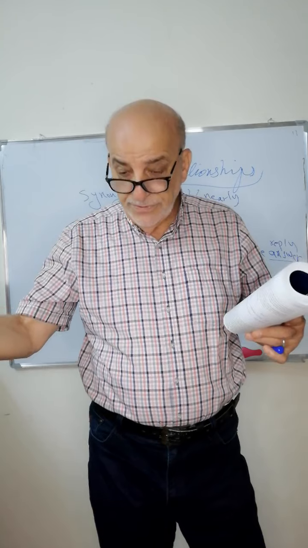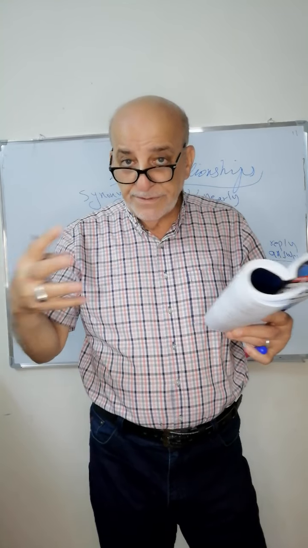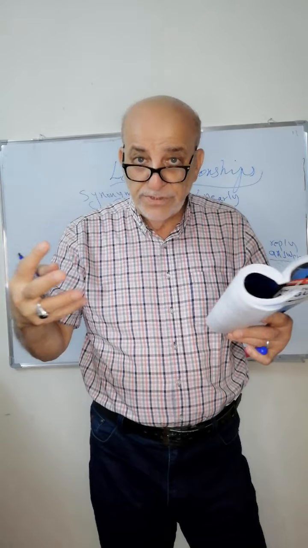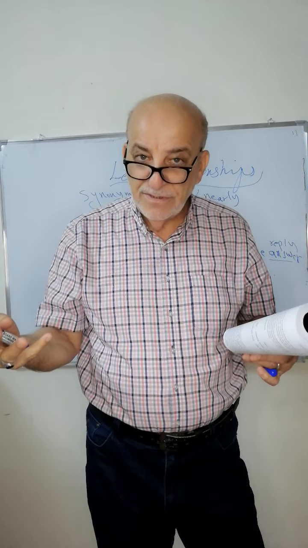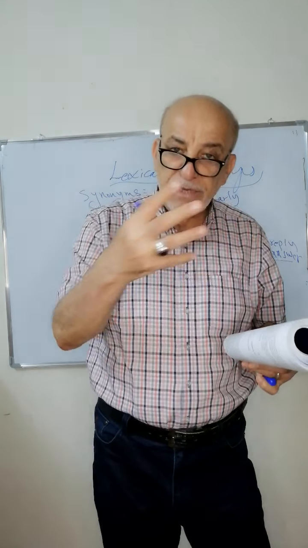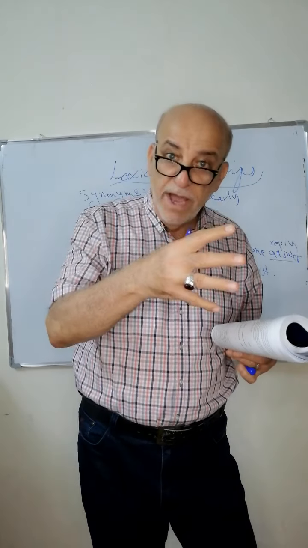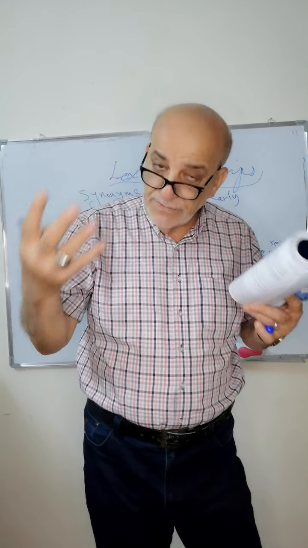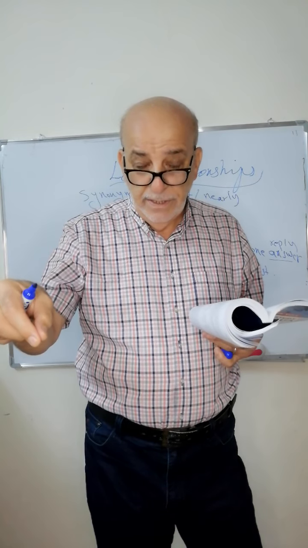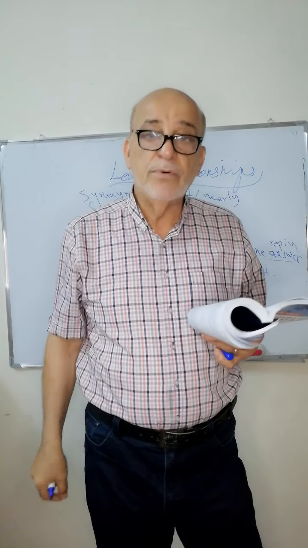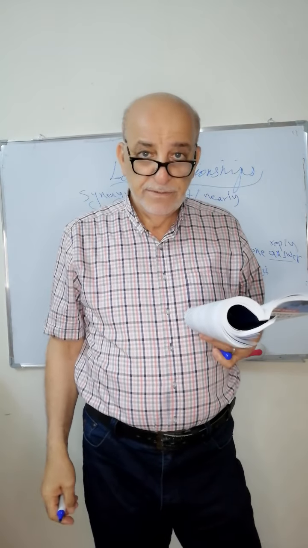We say broad road, wide road, but we only say broad agreement, not wide agreement. So here, broad and wide are similar, they are synonyms, but you cannot use wide instead of broad in broad agreement.